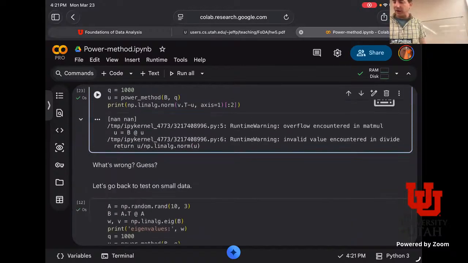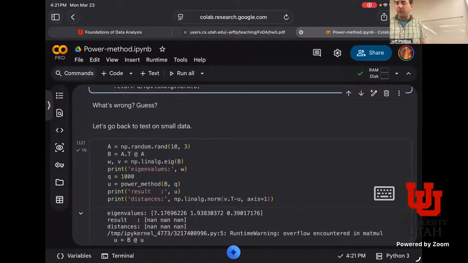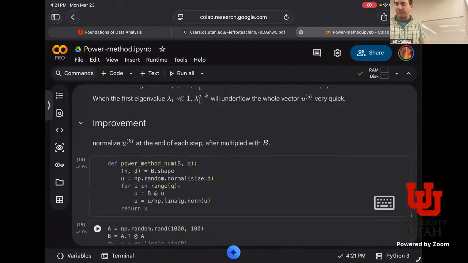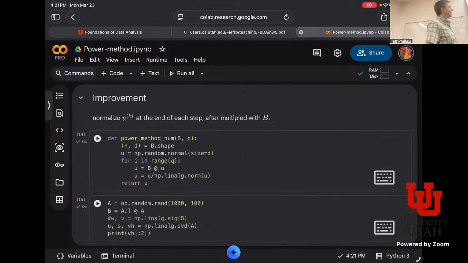And that was because if you don't renormalize every step, then it's going to get some really large values. It's going to get too large of a value. So if you normalize inside the for loop, this will be more stable. We'll keep values from exploding, and this version you can run better.